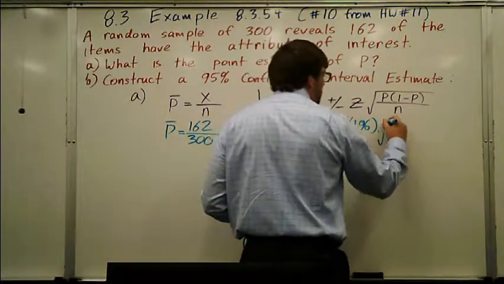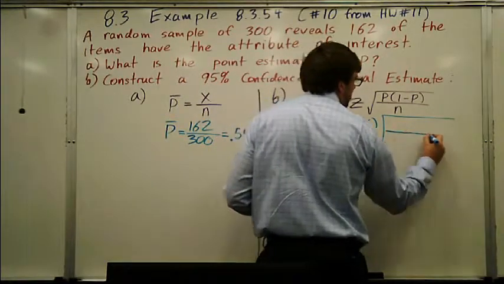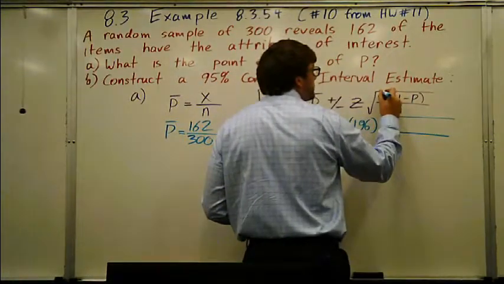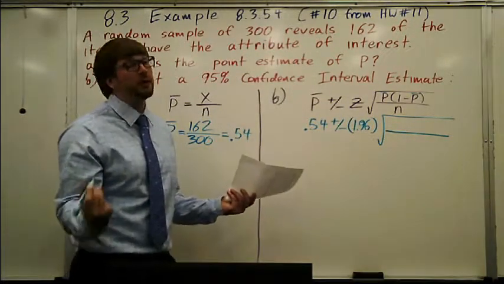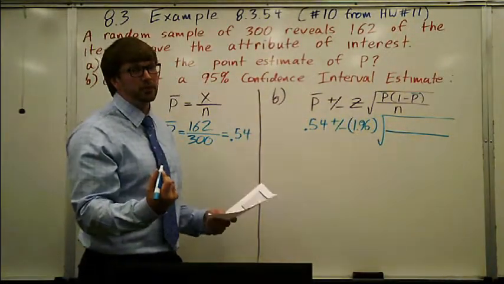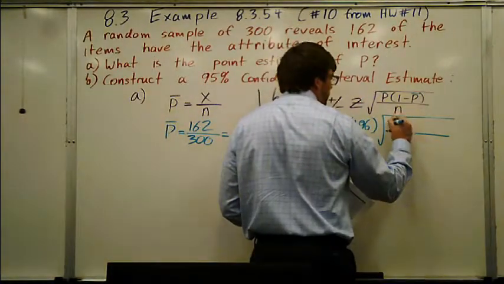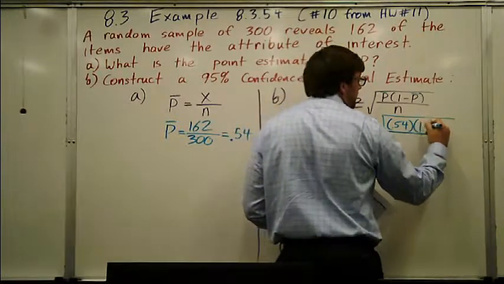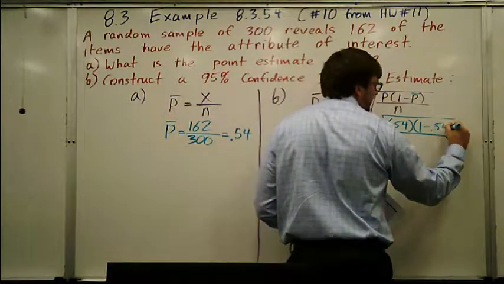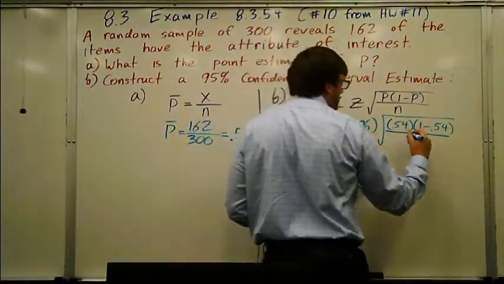Then multiplied by the standard deviation of the proportion. Oh, and these should be p hats, because we don't know the actual population proportion, so we have to estimate it with our sample proportion. So p hat is 0.54, then 1 minus 0.54, again divided by our sample size, which in this case is 300.